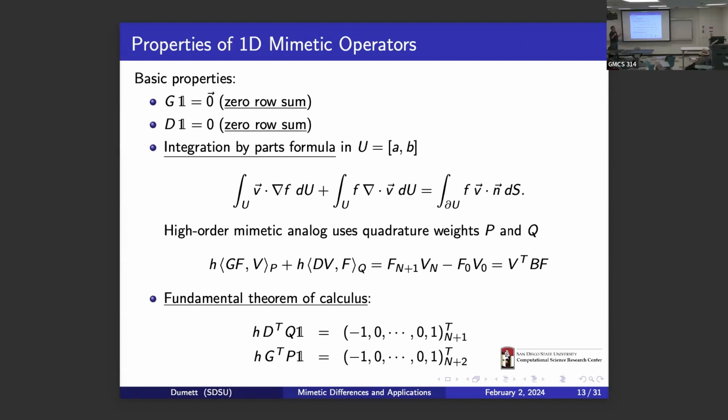Similarly, the divergence of a constant vector field is 0. It has the same property. That translates into 0 row sum. Another thing that is important, now we start to talk about mimetics. So why do we want mimetics? Mimetics are numerical methods that replicate characteristics of the solution, for instance, symmetries, conservation laws, and other things. Historically, they were targeting some of these characteristics, but nowadays, mimetic methods are divided in 2 categories.